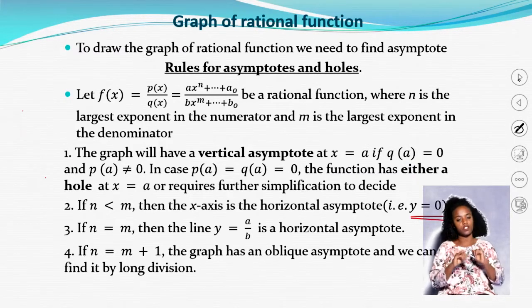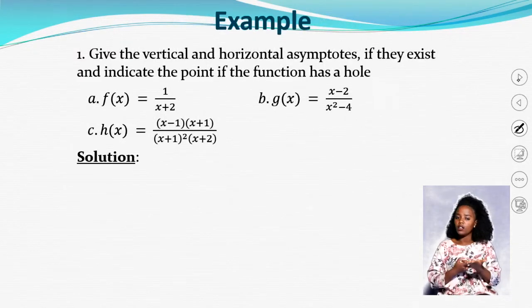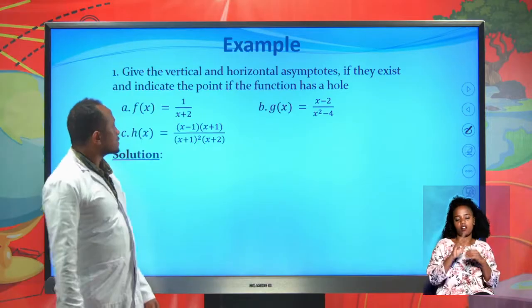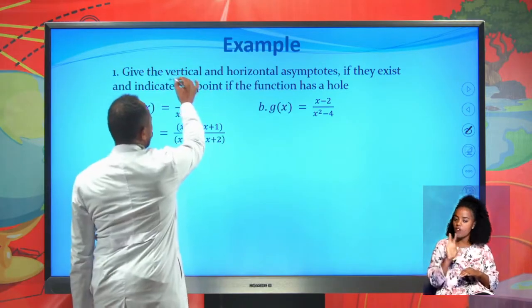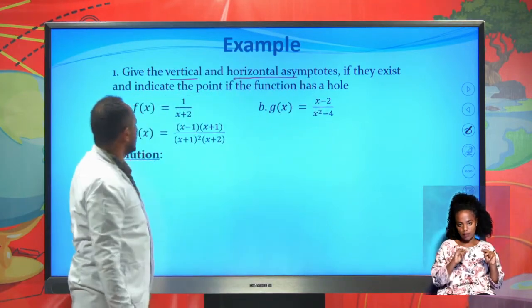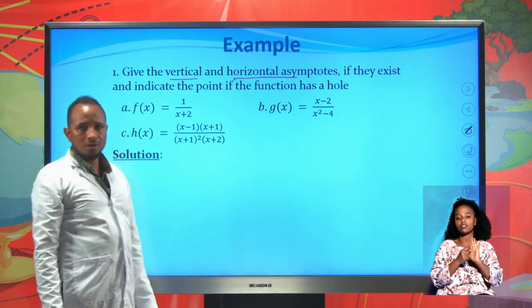So let's see an example for this. Here we have 3 rational functions. We are asked to find the vertical and horizontal asymptotes if they exist, and indicate the point if the function has a hole.